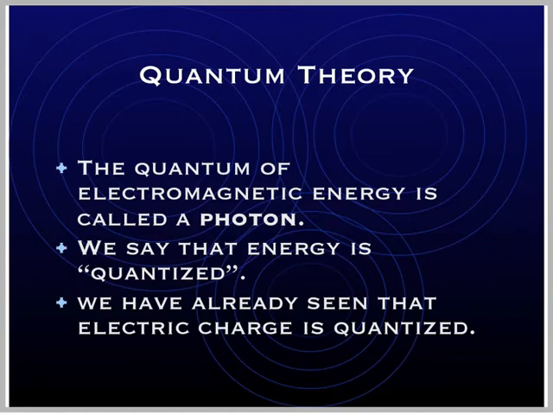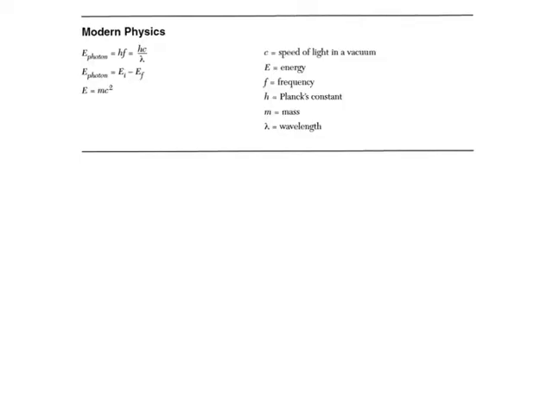So what we can say is that photons can have 1 h times f of energy, or 2 h times f, or 3 h times f. So energy comes also in packages. It is quantized. So let's see what this looks like on our reference tables, and then we're going to try a practice problem.